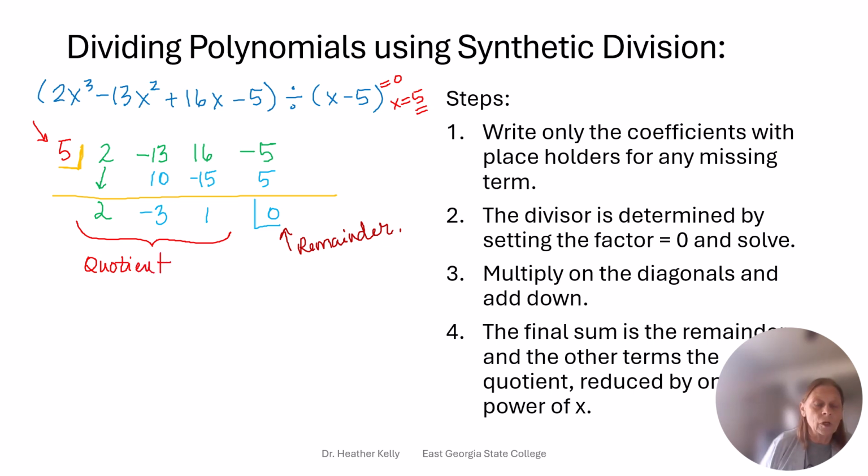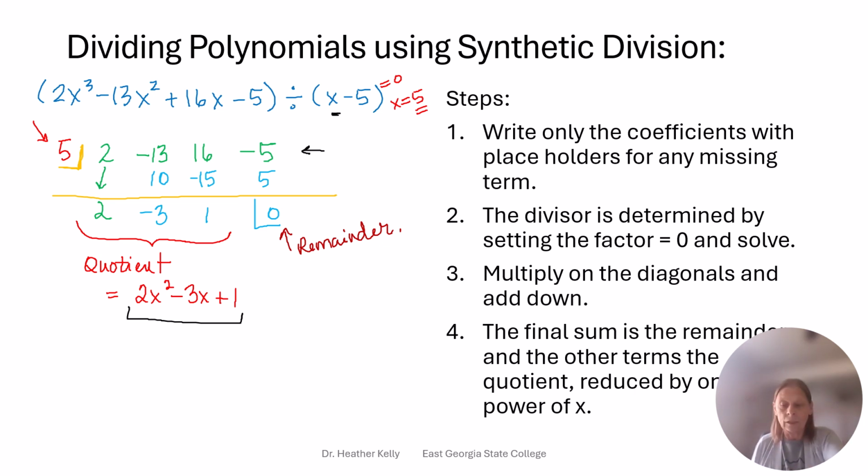And if we were so inclined, we could say that is equal to 2x squared minus 3x plus 1. Now, this makes sense because from our original, we have divided out a factor of x. So our quotient is going to be 1 degree lower.